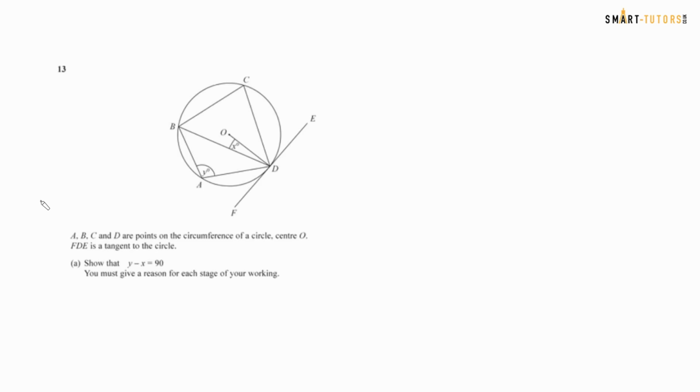You must give a reason for each stage of your working. I'm trying to figure it out. Where is the y? Okay, so the y is the angle BAD and x is the angle ODB. And they're asking you to show y minus x equals 90.